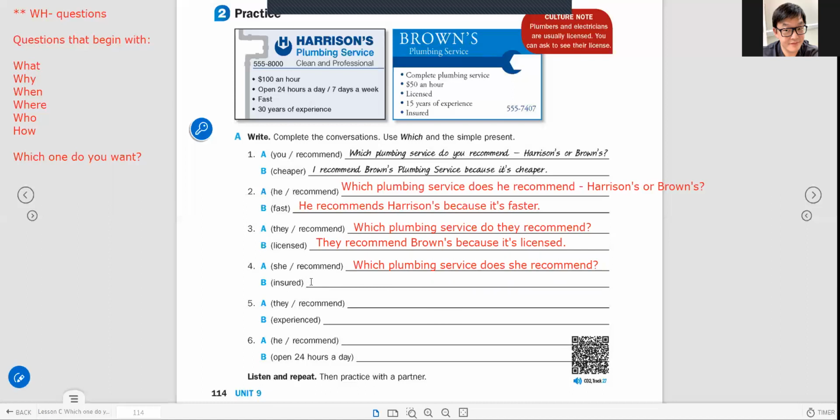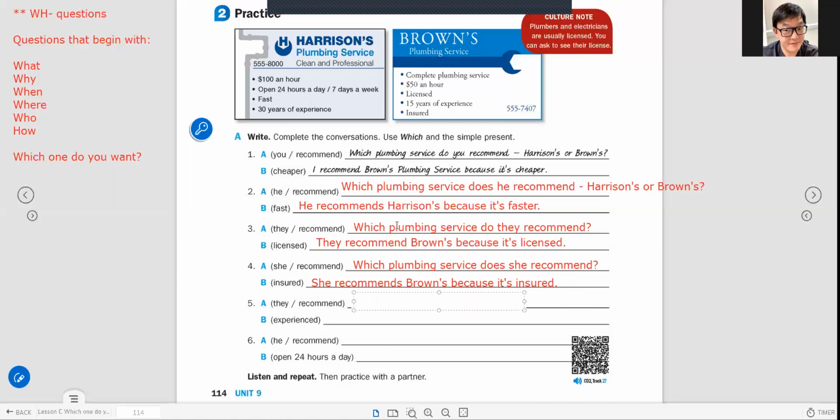And then insured, go take a look. You have Brown's here. The same as licensed. There's no comparative insured, so she recommends Brown's because it's insured. What does it mean? He has insurance. If something goes wrong, he has insurance to cover for the damages, okay?